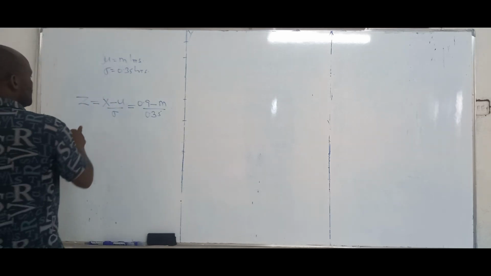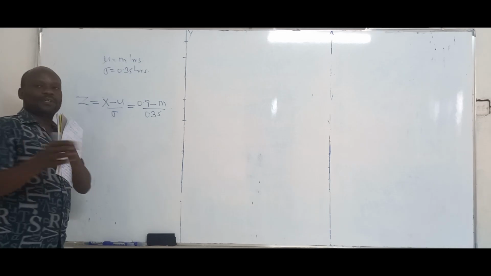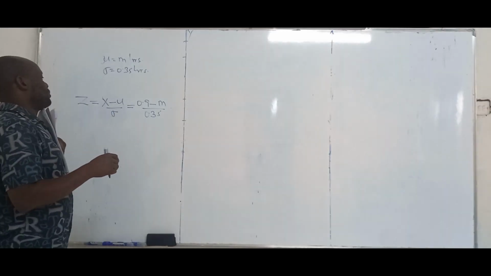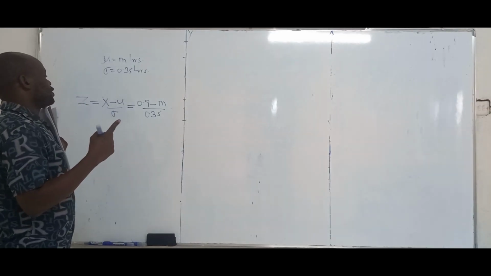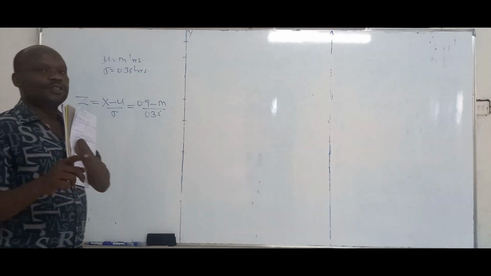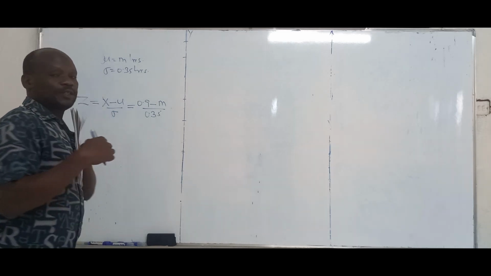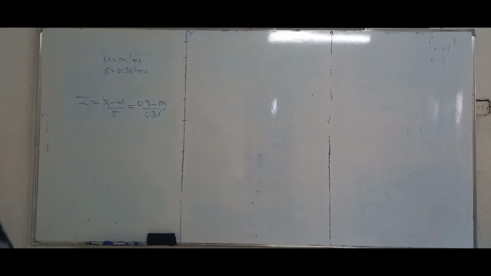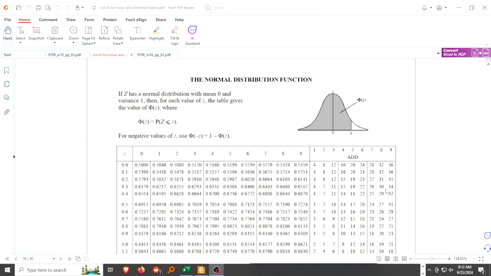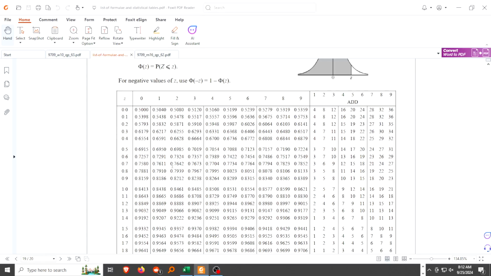But we can read the value of z from our standard normal tables by using the probability of 0.95. So from the standard normal tables, we check within the body because 0.95 corresponds to a probability. And so we look for 0.95 within the body.